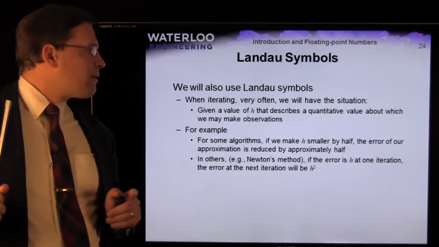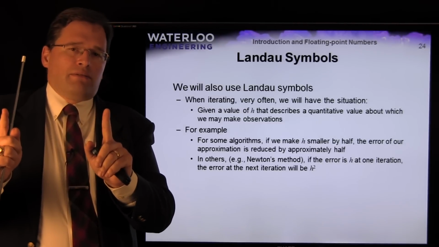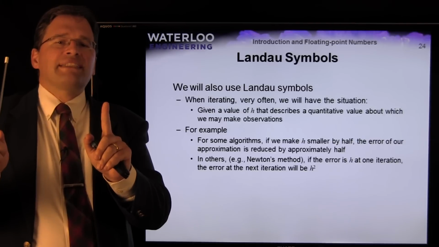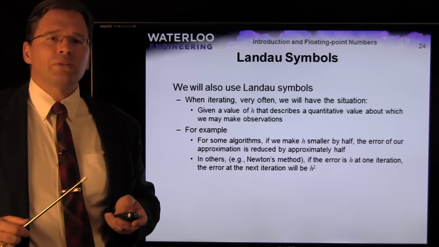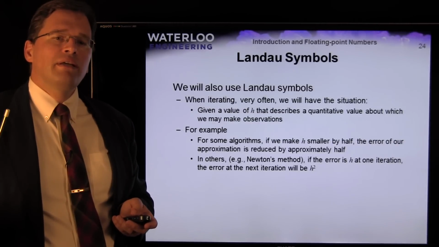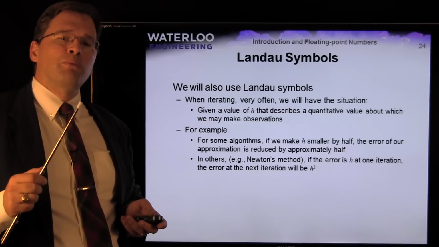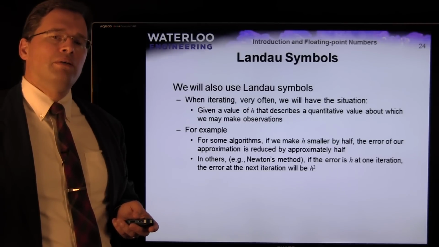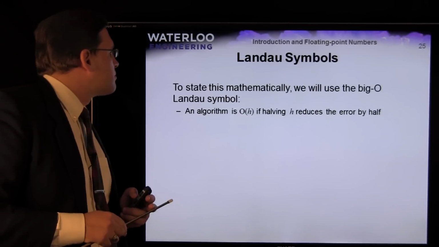In other cases, h may actually represent the error, and the error on the next iteration is h squared. That's Newton's method. If the error is initially 0.001, after the next iteration the error will be some scalar multiple of 0.0000001. You can see why it converges so quickly.